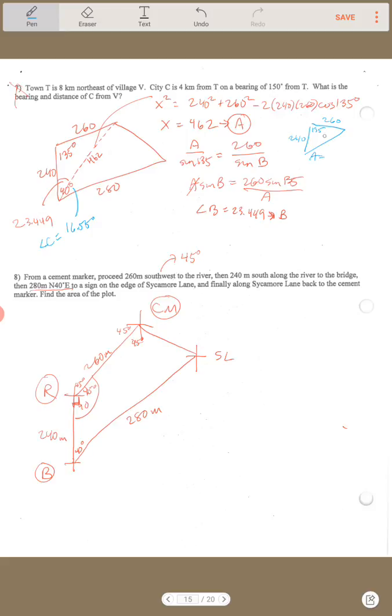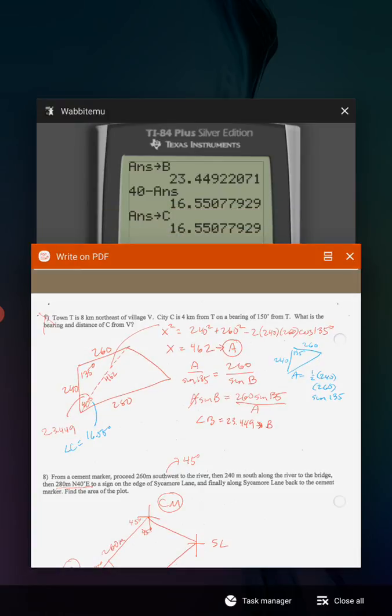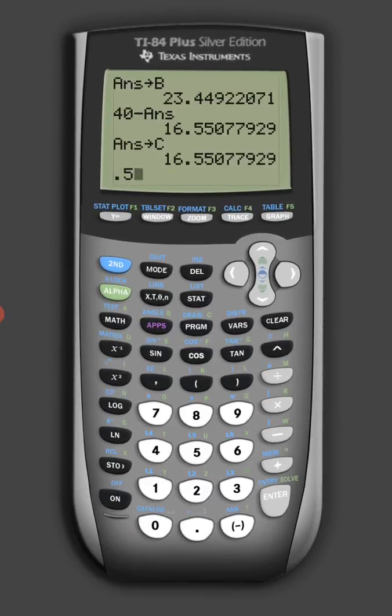In the case that I have here, I'm going to multiply 1/2 times 240 times 260 times sine of 135. I apologize, I ran out of space there. Let's do that: half times 240 times 260 times sine of 135.